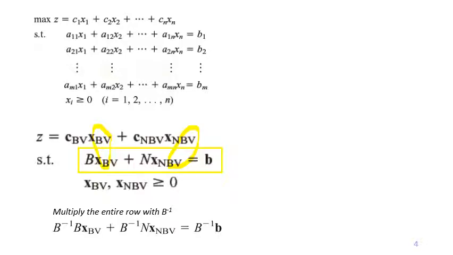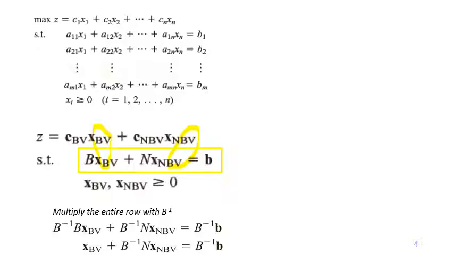So here's how it looks like. B inverse times B XBV plus B inverse times N XNBV equals B inverse times b. So B inverse times B, they cancel each other. So this is the final result. XBV plus B inverse N XNBV equals B inverse b.